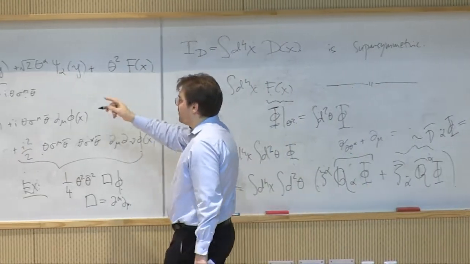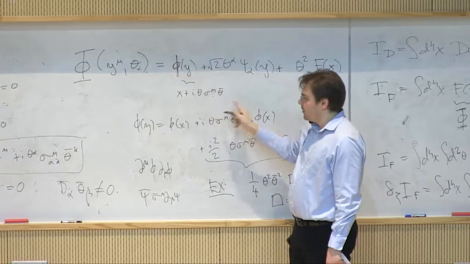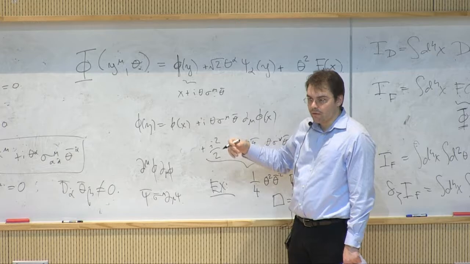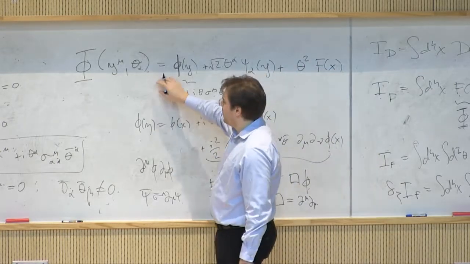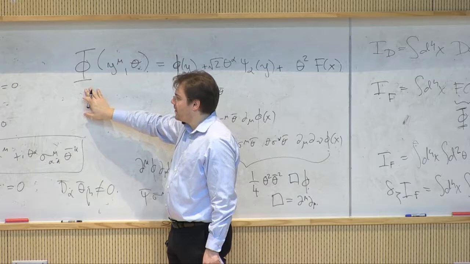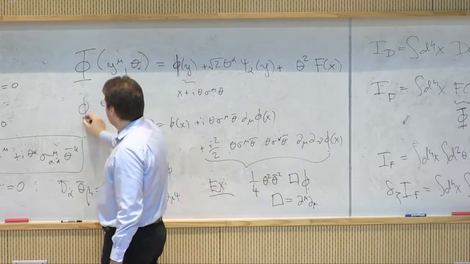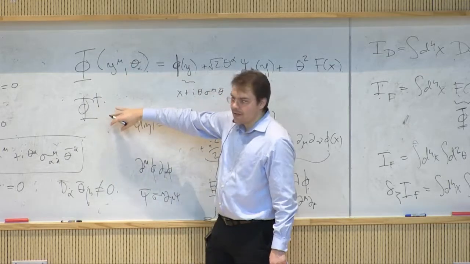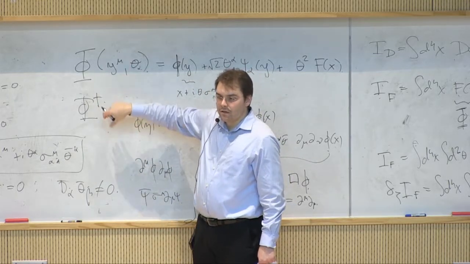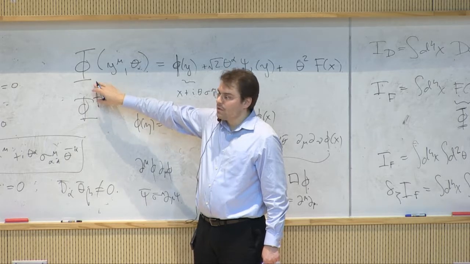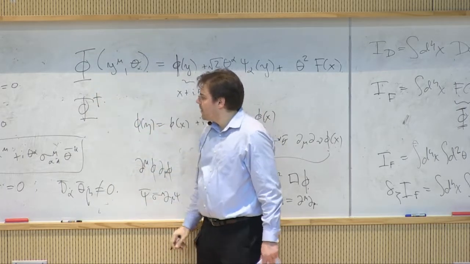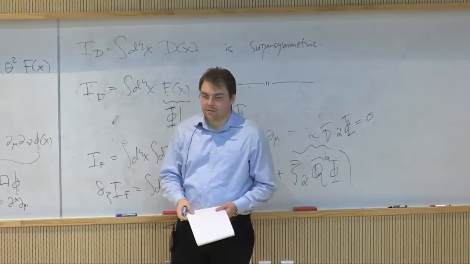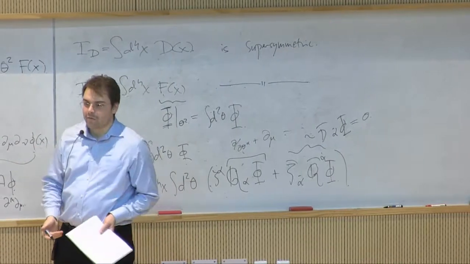Now, the chiral superfield, big Phi, does not involve phi bar, right? It only involves phi. That's the whole point. It's holomorphic. So in order to get a phi bar, we're also going to have to look at the anti-chiral superfield Phi bar, or Phi dagger, and then we're going to have to take a bilinear in those. So a very natural guess is to just look at Phi dagger Phi. Phi dagger Phi is some nice superfield, and it's easy to see that Phi dagger Phi is not a chiral superfield, because it involves one holomorphic object and one anti-holomorphic object.